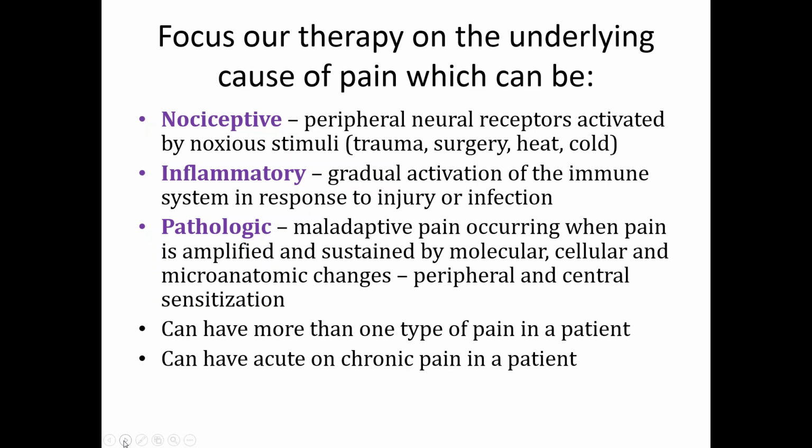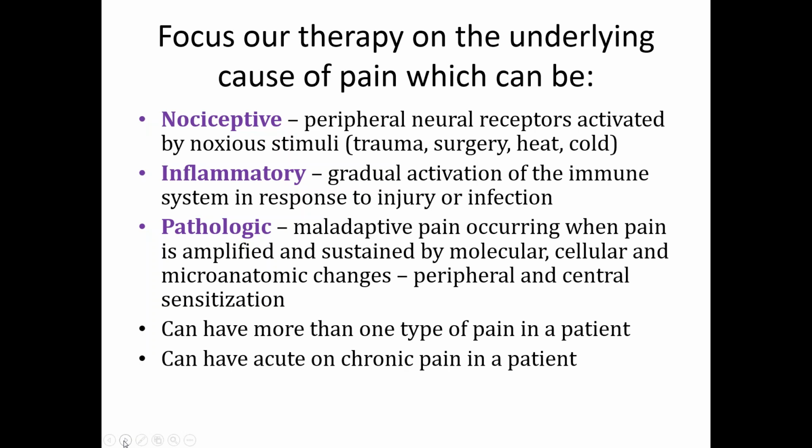Nociceptive is the thing that we most commonly see, and that's either surgical pain or patients that have had some sort of trauma. Most recently, the example of heat would be all the campfire cats that we treated. So that's nociceptive. Inflammatory is a gradual activation of the immune system in response to injury or infection.